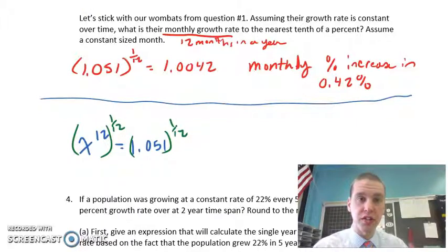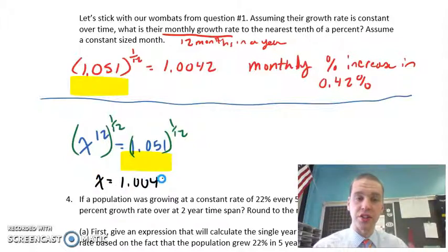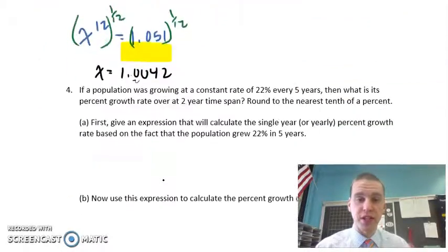Hey, what do you notice? These are equivalent. So if we're trying to figure out what our growth rate is, and we want it raised to the 12th because there are 12 months in a year, then we can get x equal to 1.0042. Again, that 1 just means it's an increase, so we move the decimal over 2 spots and get 0.42%.